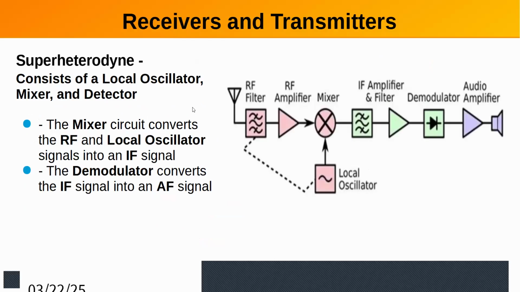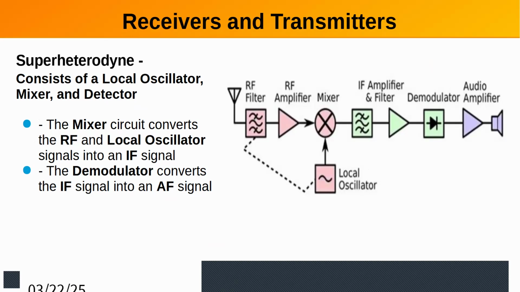Probably the most common of the analog, and even SDR radios are kind of superhets, was the super heterodyne, which came after the heterodyne, because the heterodyne was a single conversion. The super heterodyne was multiple conversions, two or three.